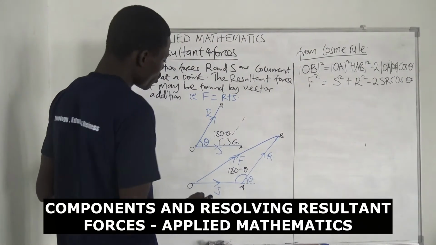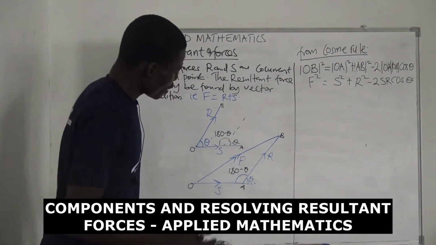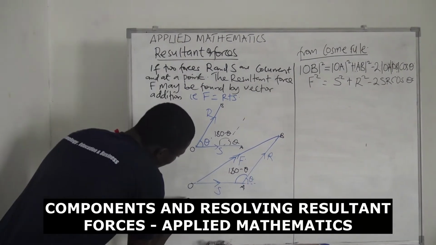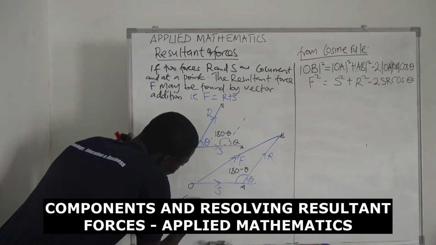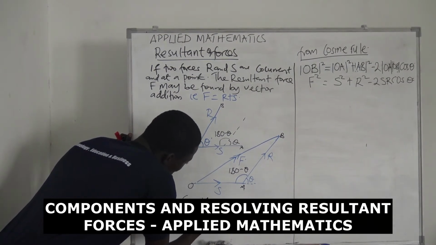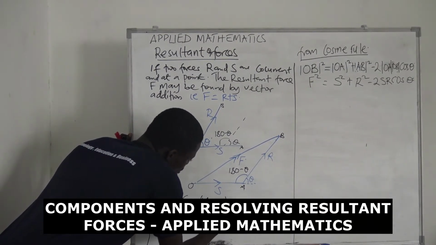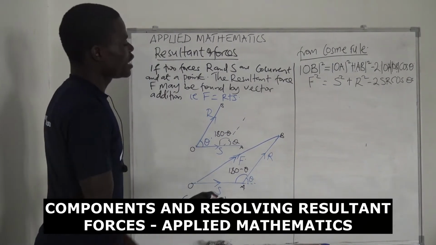Why are we using cos theta? From here, cos of 180 minus theta is the same as minus cos of theta. So that's the identity we use.